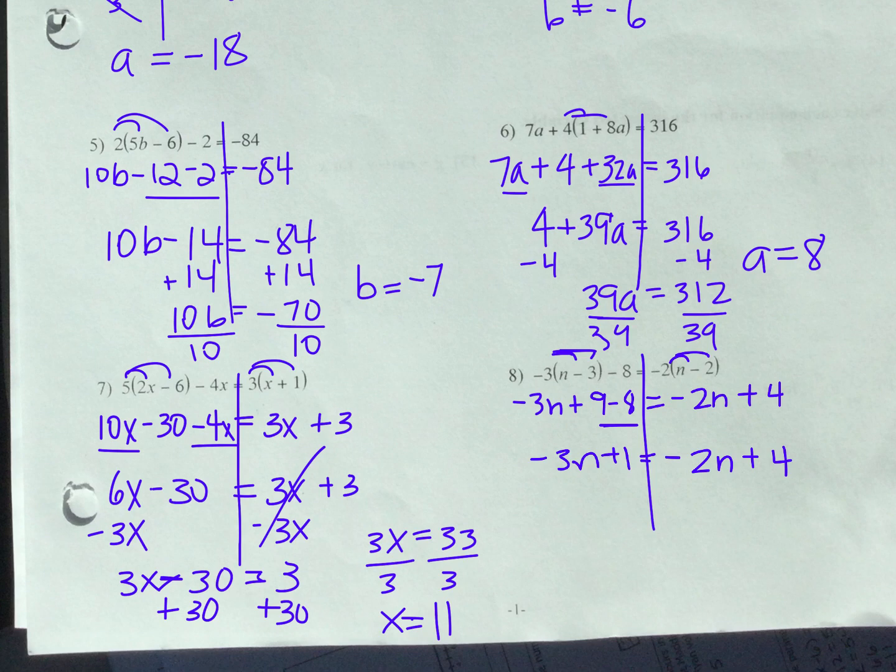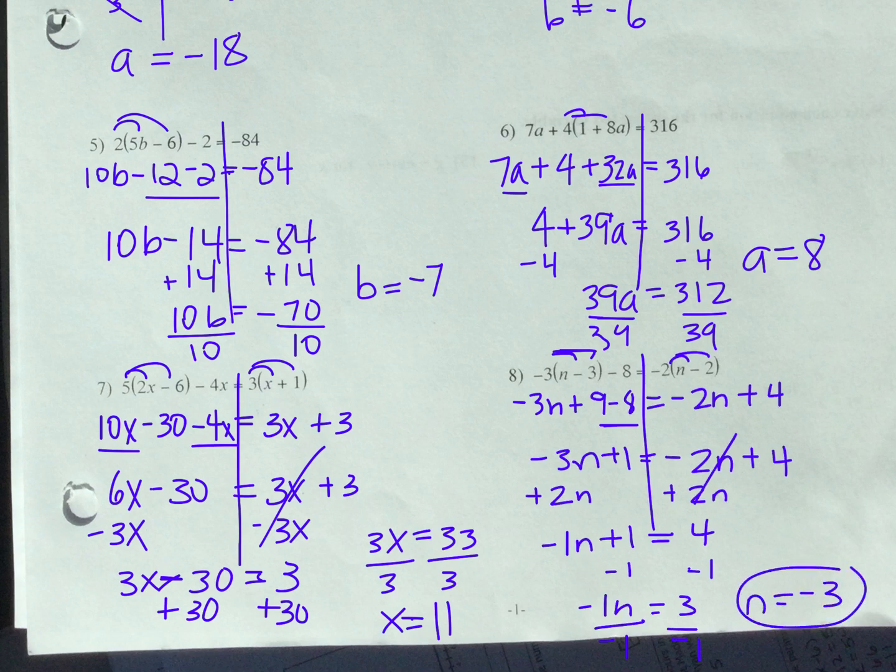Now we need to get those n's together. So I'm going to add 2n to both sides. I end up with negative 1n plus 1 equals 4. Get our numbers together. Negative 1n equals 3. Divide by negative 1. N is negative 3.